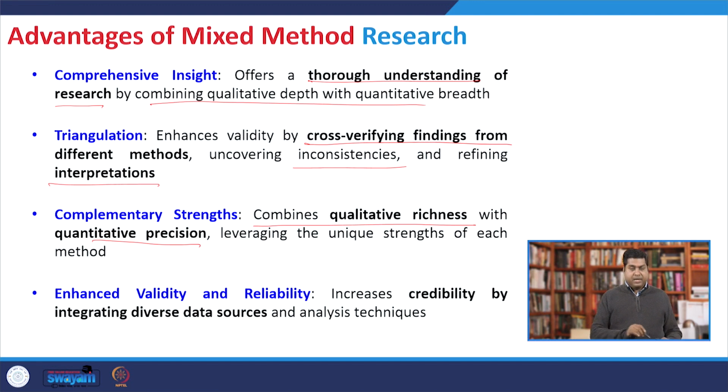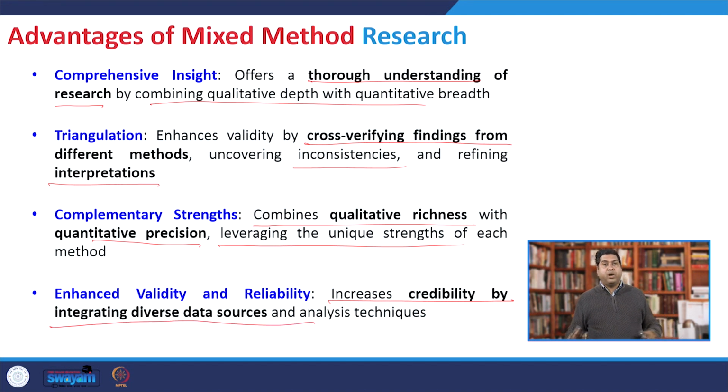But at the same time, empirical evidence has much more precision and there are fewer biases, so it combines both. By that, it is leveraging the unique strength of each method. Next pointer is enhanced validity and reliability. So, mixed method increases the credibility by integrating diverse data sources and different analysis techniques, where we can look at different approaches simultaneously or in sequence to bring out certain meta inferences.